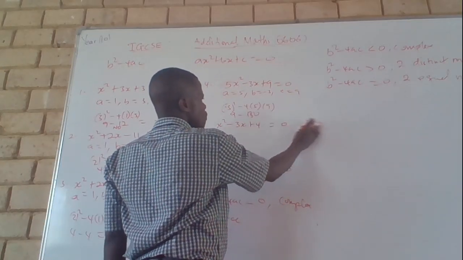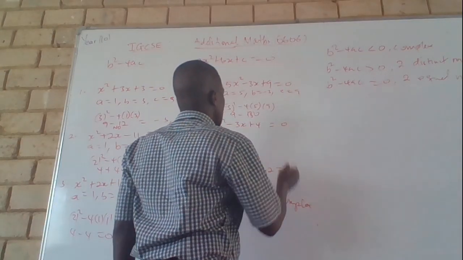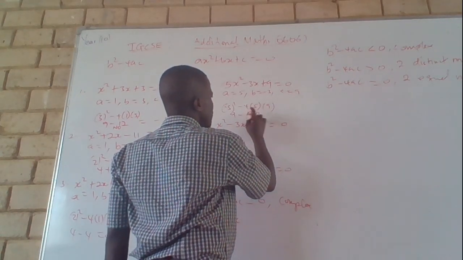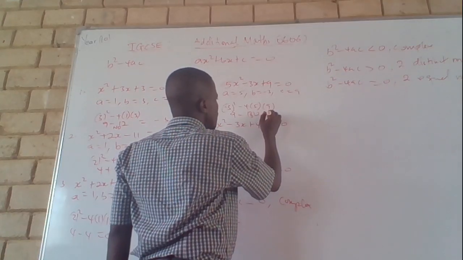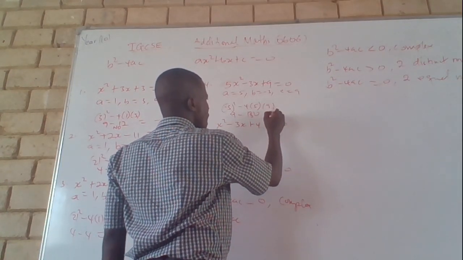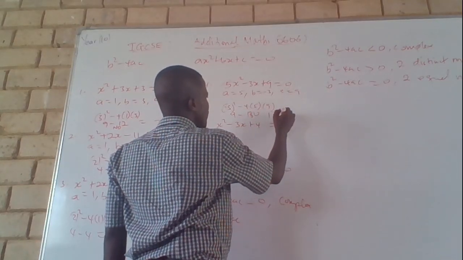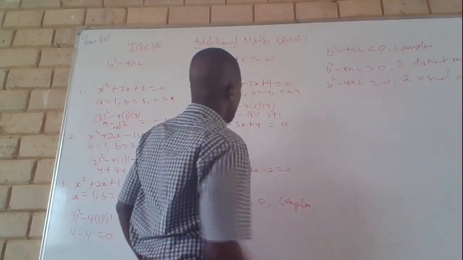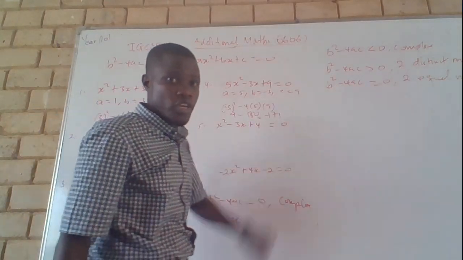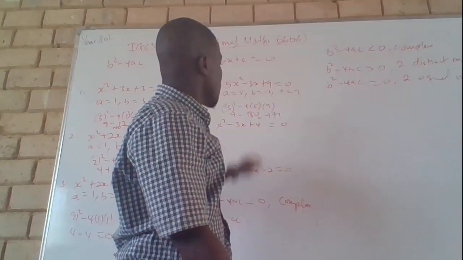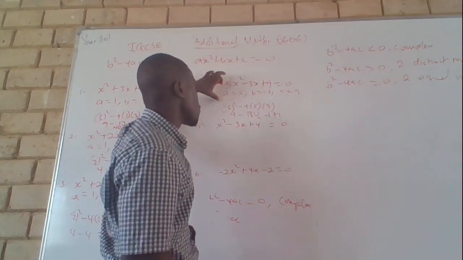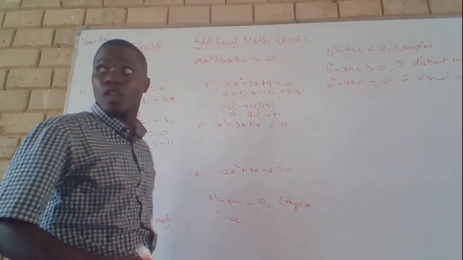This will give you negative 171. It is negative, it is less than 0, so it has complex roots. So this equation, no matter what you do, you are going to end up having complex numbers.